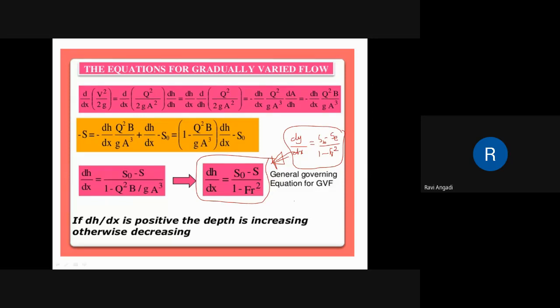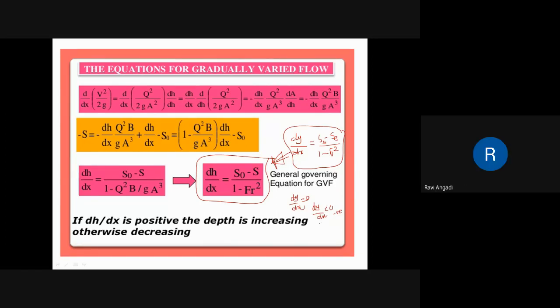As we know dy by dx, if it is equal to 0, can anyone tell what type of flow you get? Uniform. Yes. If dy by dx is less than 0, or negative, what type of surface you get?